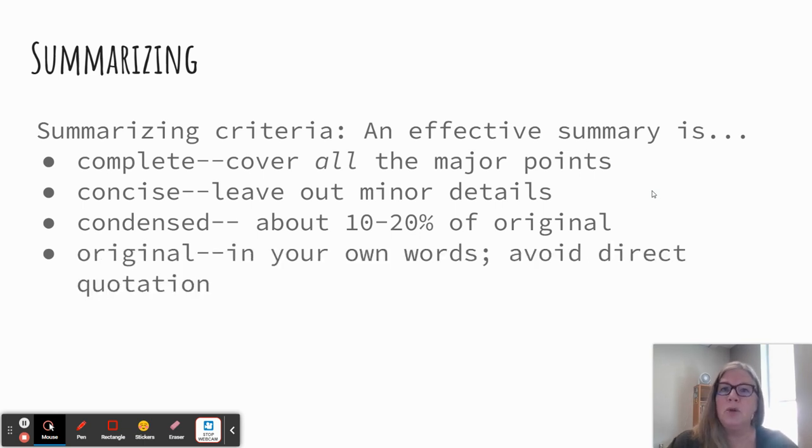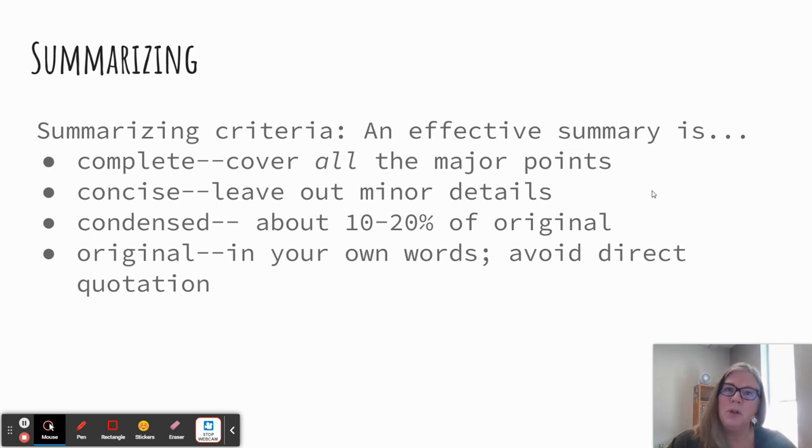The other thing you want to make sure you're doing when you summarize is presenting the information in your own words. I think I've talked about this before: being able to explain something in your own words shows that you truly understand it. If all you can do is copy the words out of the original article, that's not showing me that you understood what you read.